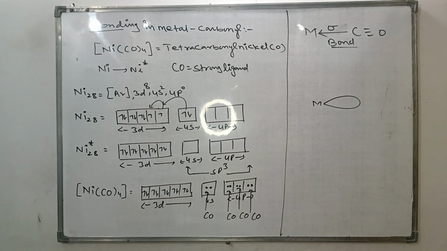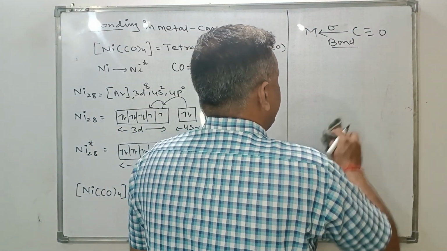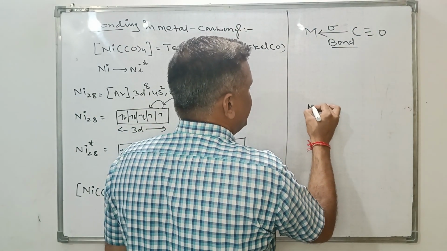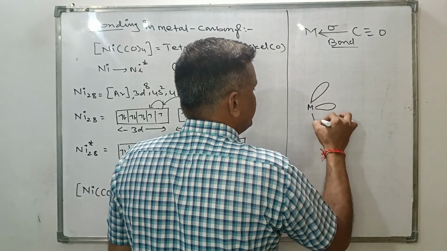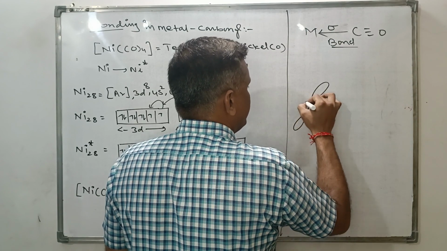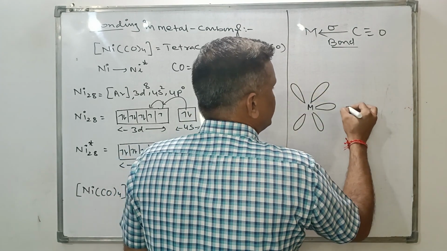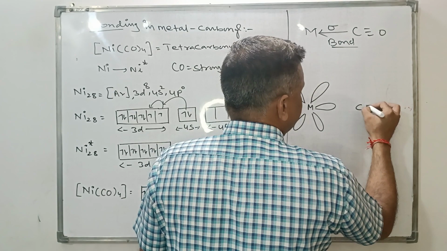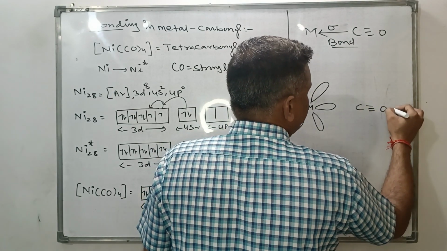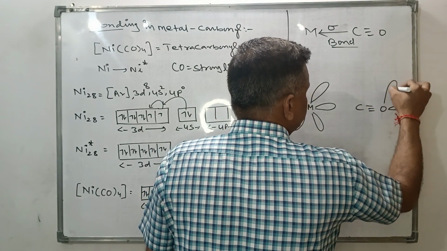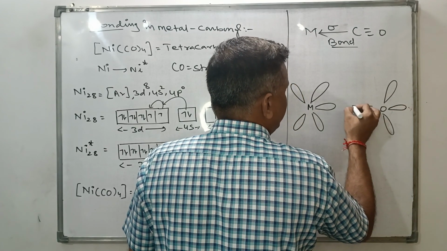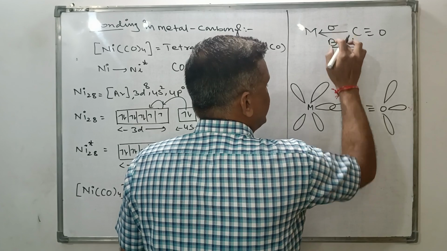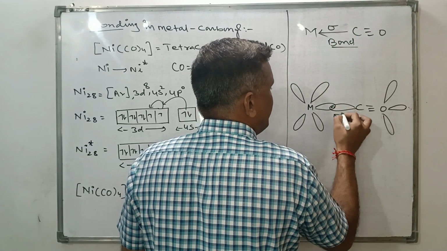This is the metal atom and these are the orbitals, 2, 3, 4 and 5. This is the carbon monoxide, and it donates the lone pair of electrons over here. That's why it is your sigma bond.